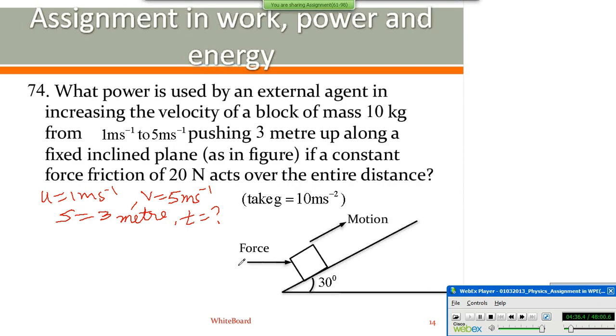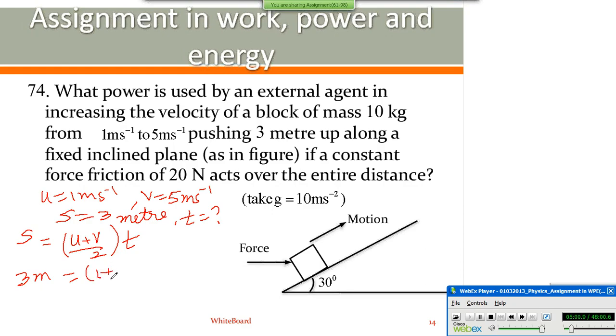And also you have to calculate work done by the agent. So you select the equation in kinematics in terms of these four letters, u, v, s and t, without the letter a, that is, without the acceleration term. You can write displacement of the body is equal to the average of initial and final velocities multiplied by the time interval.